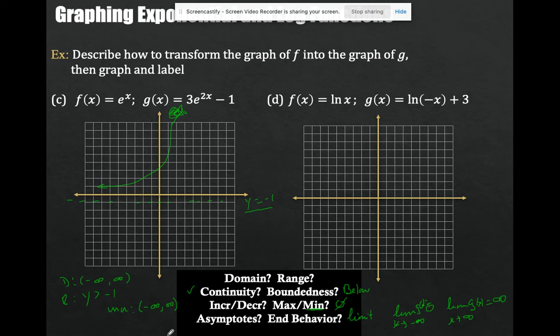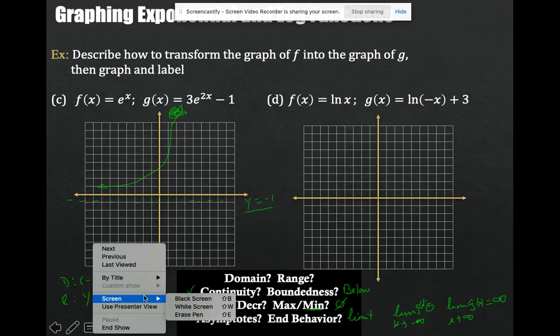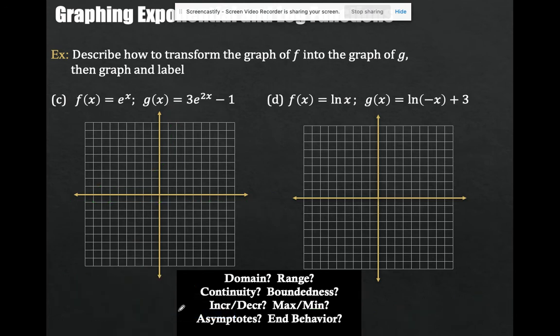Okay, let's do our log one. Remember, our log one looked like this because we had reflected it across the axes. So it looked like that. The domain of normal log is x is greater than 0, but what did we do to x? Right?